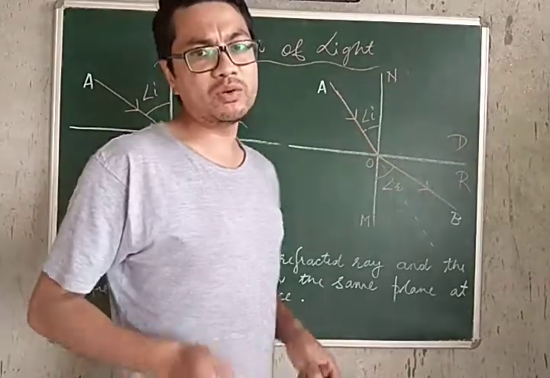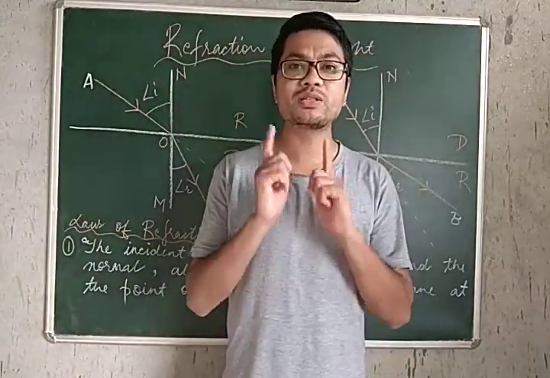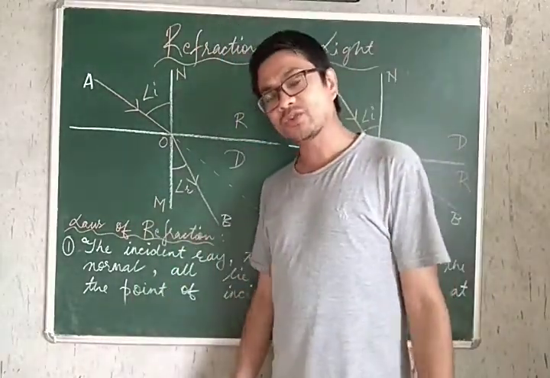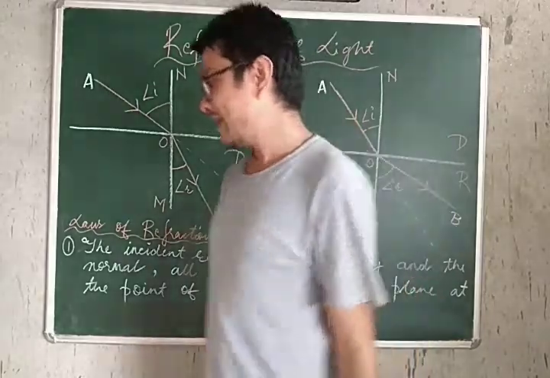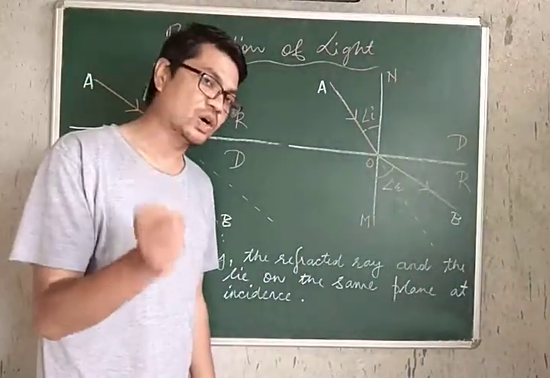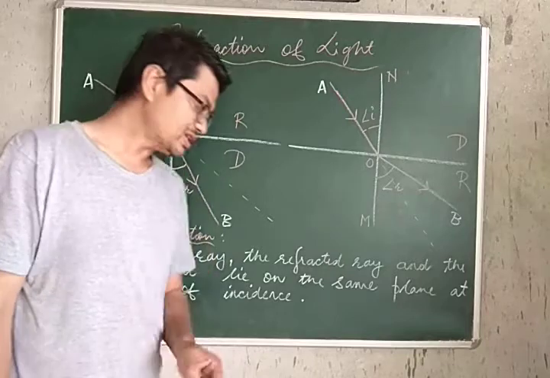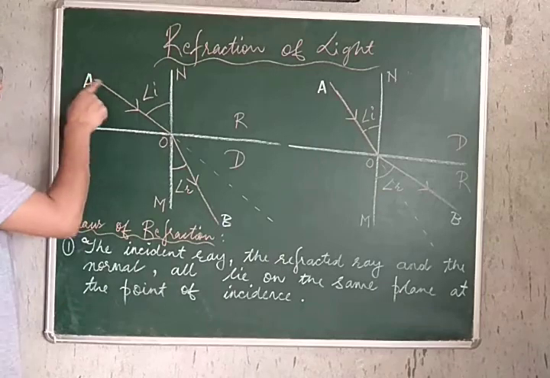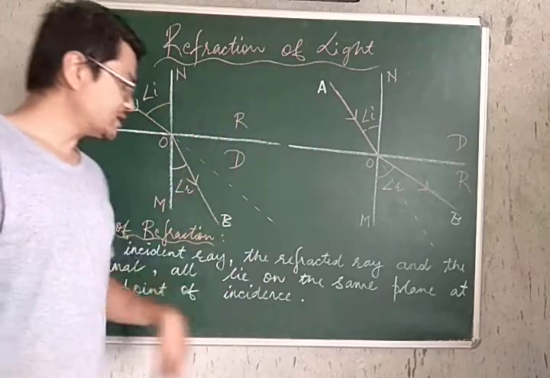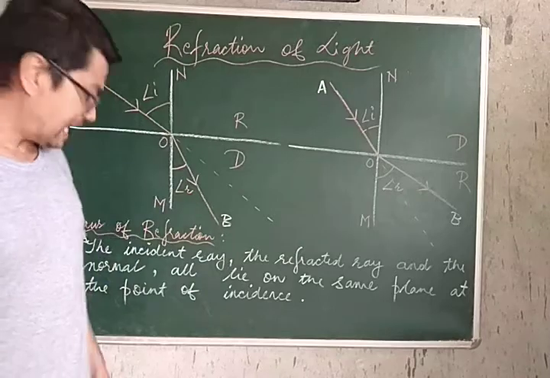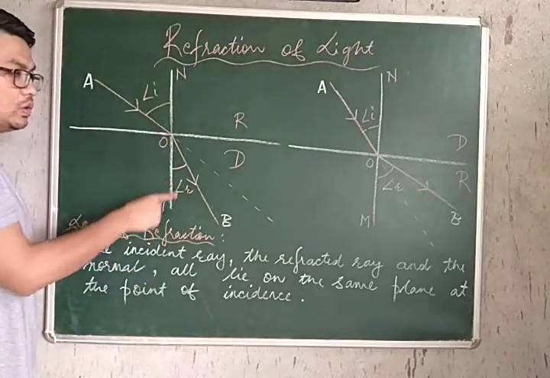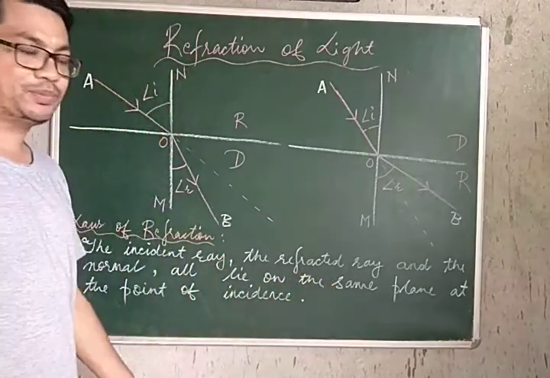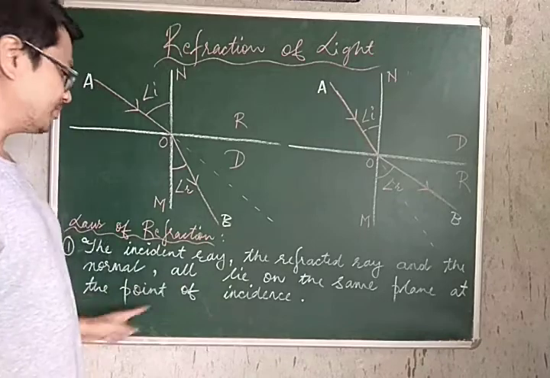Like you've studied the laws of reflection in class 7, here too in refraction we have two laws. Similar to the first law of reflection, the first law of refraction tells us that the incident ray AO, the refracted ray OB, and the normal NOM all lie on the same plane at the point of incidence.